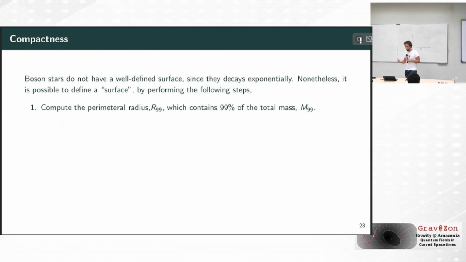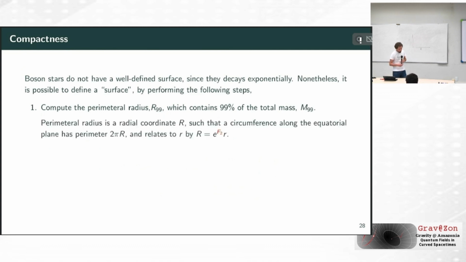So you can compute the perimeter radius, for example, that contains that 90% mass of the Boson star. This perimeter radius is not exactly the radial coordinate, but has some significance. Basically, it says that at the perimeter radius, the circumference around that in the equatorial plane will be exactly 2 pi times this perimeter radius. So it's a more well-defined quantity, and more geometric as well.